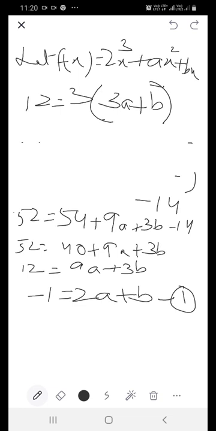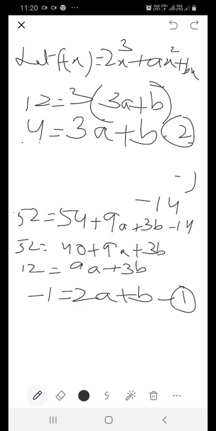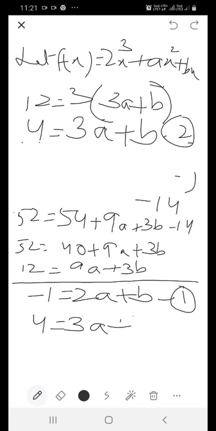And 12 upon 3 will be 4. 4 is equal to 3a plus b. This is your second equation. Now put the second equation under the first equation. 4 is equal to 3a plus b, and this was your first equation, 2a plus b. And now you can solve them simultaneously.